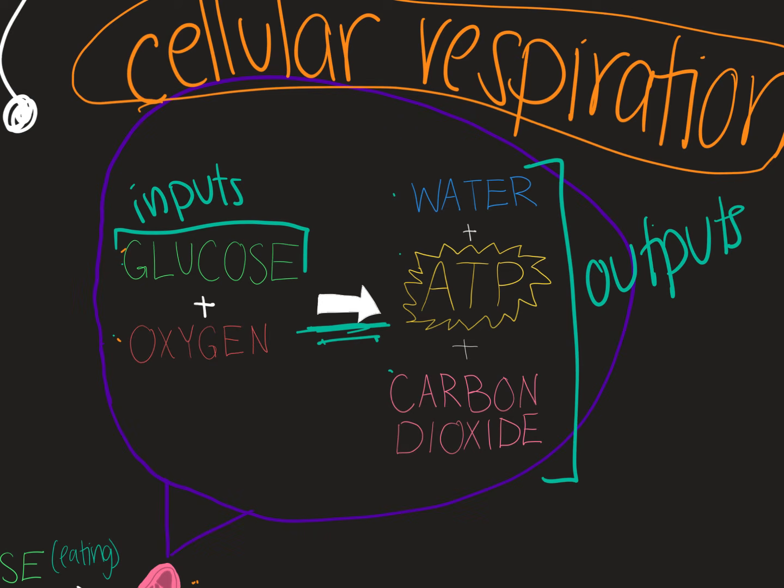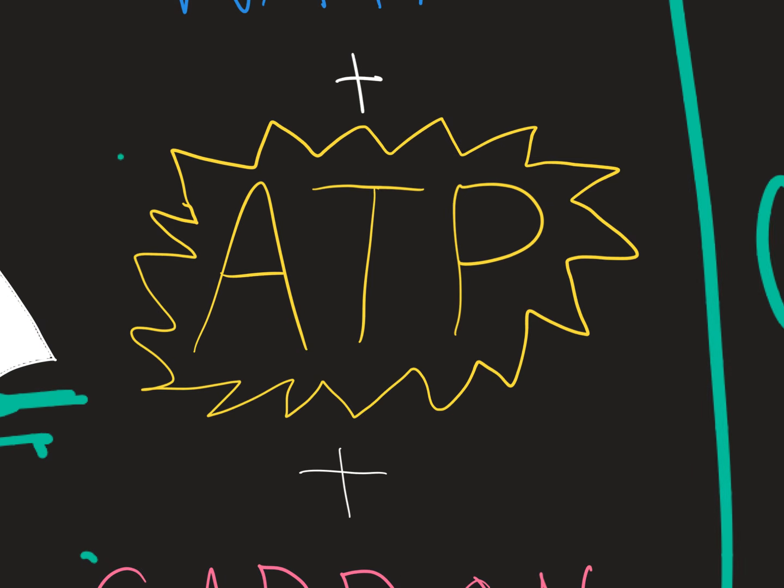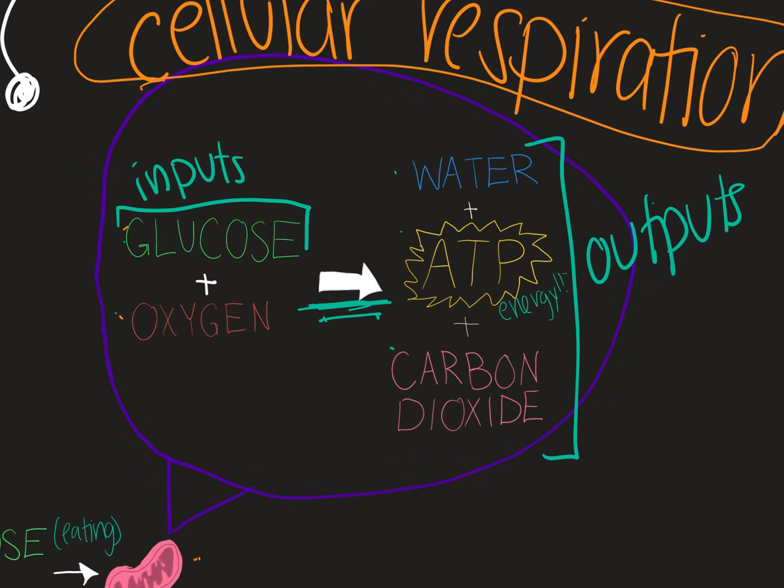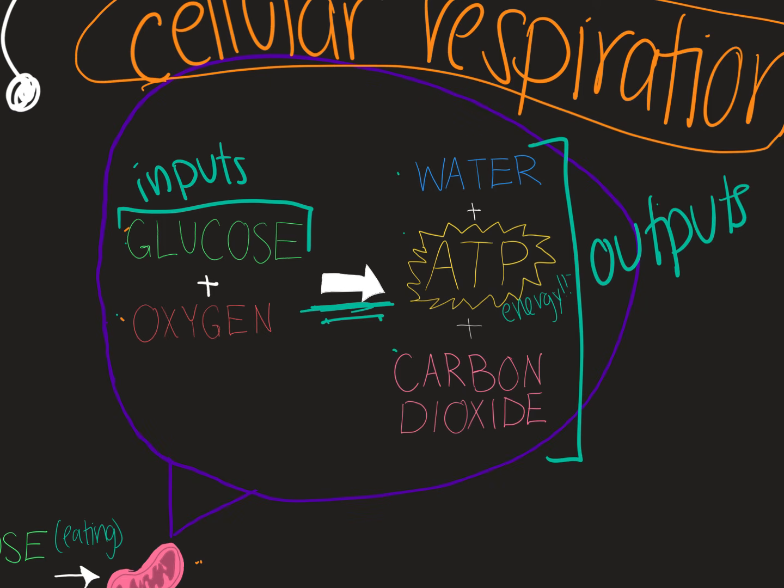So ATP here is the big point, the main point of this whole process. ATP is energy. So we have glucose and oxygen are converted into water, ATP energy, and carbon dioxide.